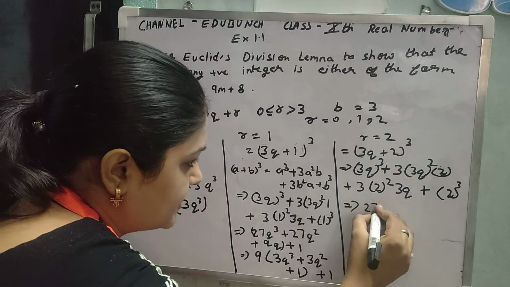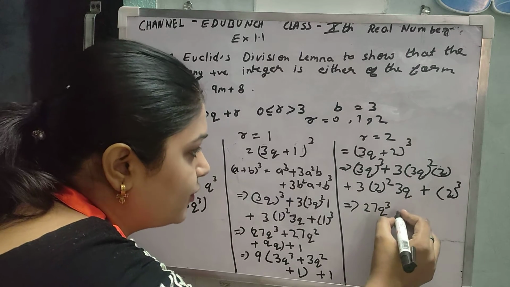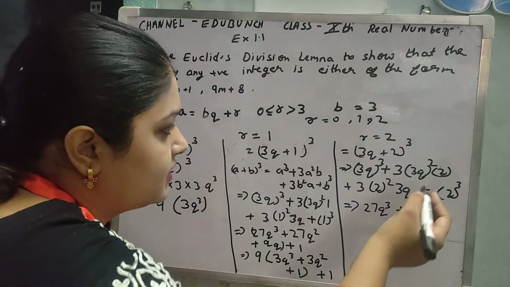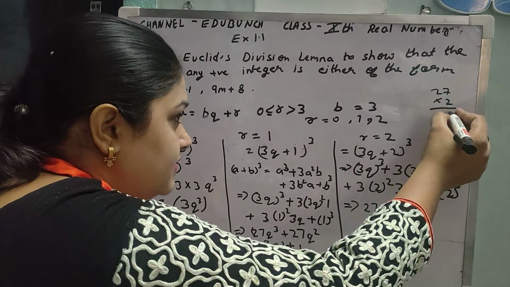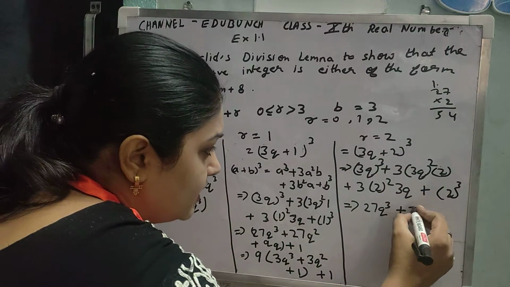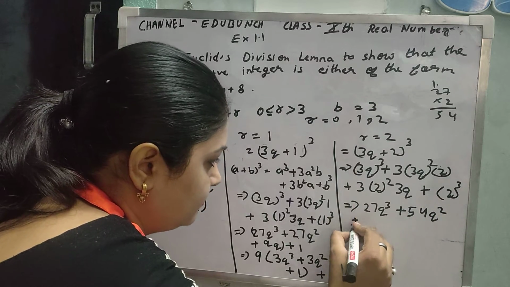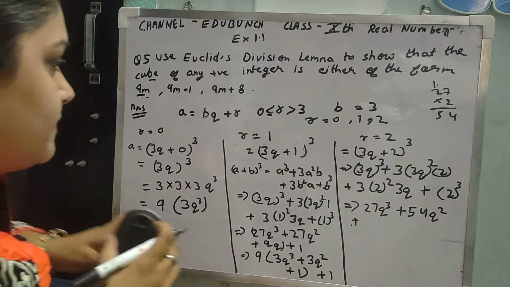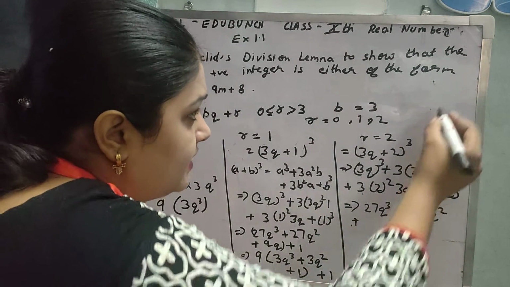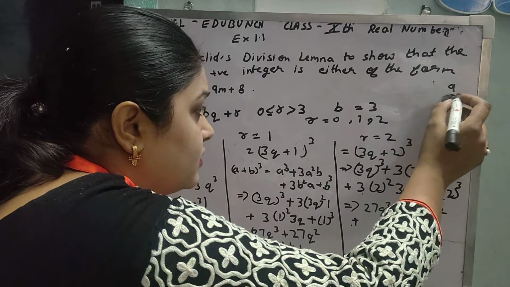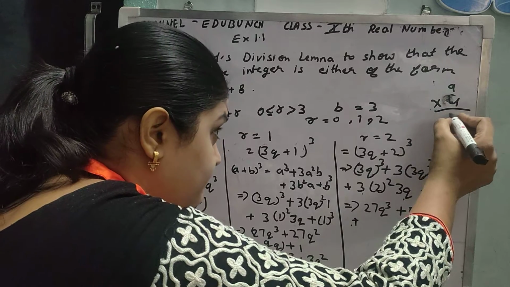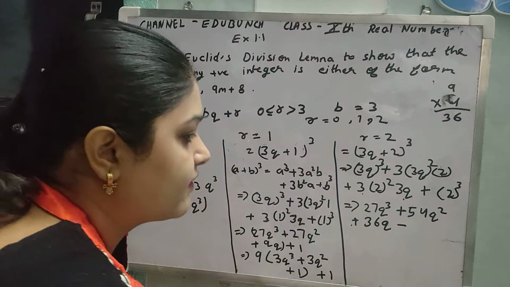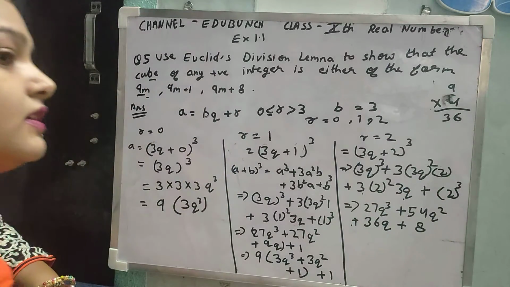Solving this, we get 27q cube plus 3 3s are 9, 9 times 6 is 54q square, plus 3 3s are 9, and 2 square is 4, so 9 times 4 is 36q, and here plus 8, since cube of 2 is 8.